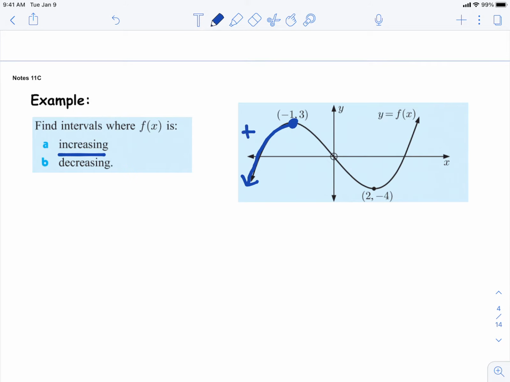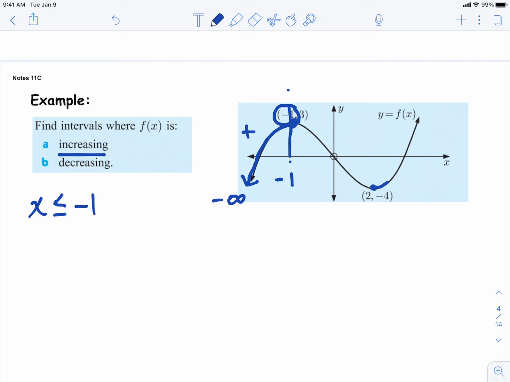So when we write intervals, we're looking for the x, so -1. So it's increasing when x is less than or equal to -1. So here's negative infinity here. Here's -1. Anything to the left of that -1 is increasing.